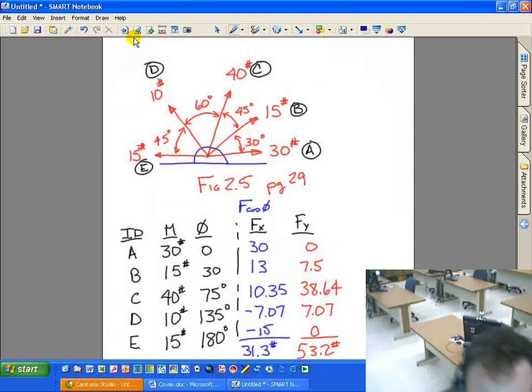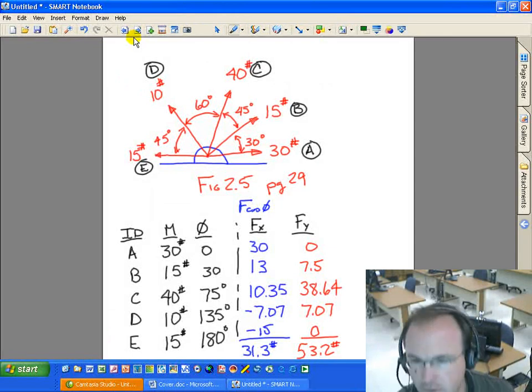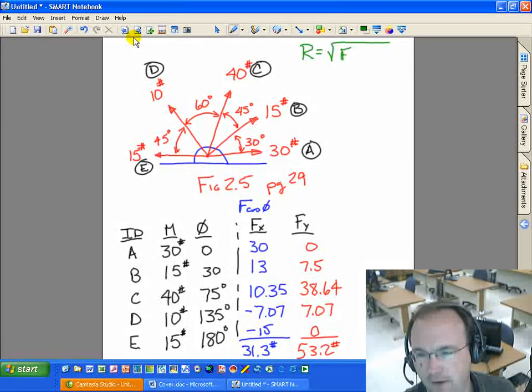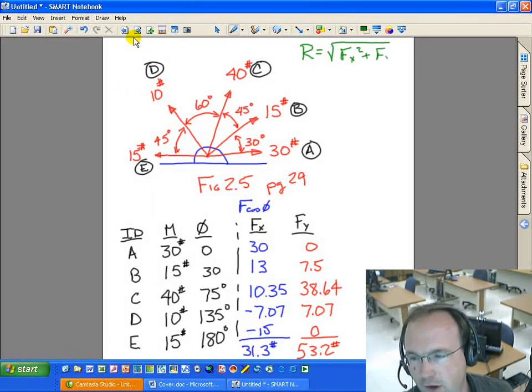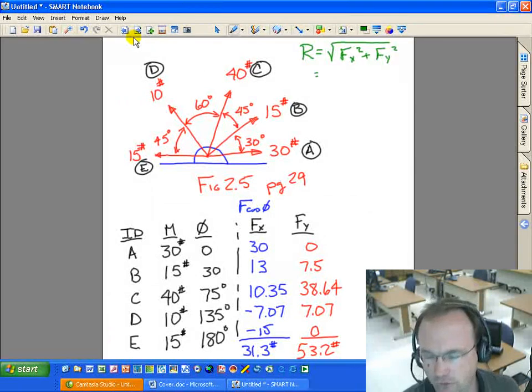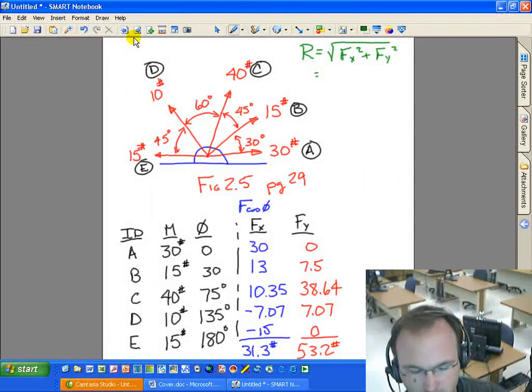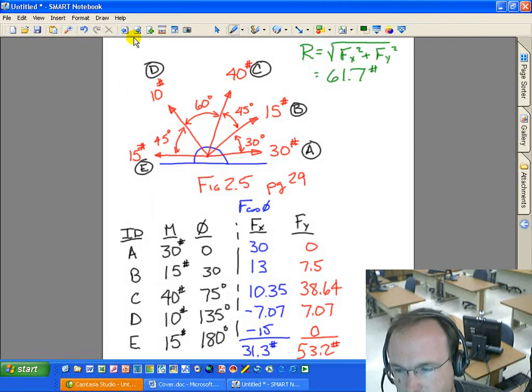And so then we have our resultant. Our resultant is going to equal the square root of Fx squared plus Fy squared, which is the square root of 31.3 squared plus 53.2 squared, a magnitude of 61.7 pounds.